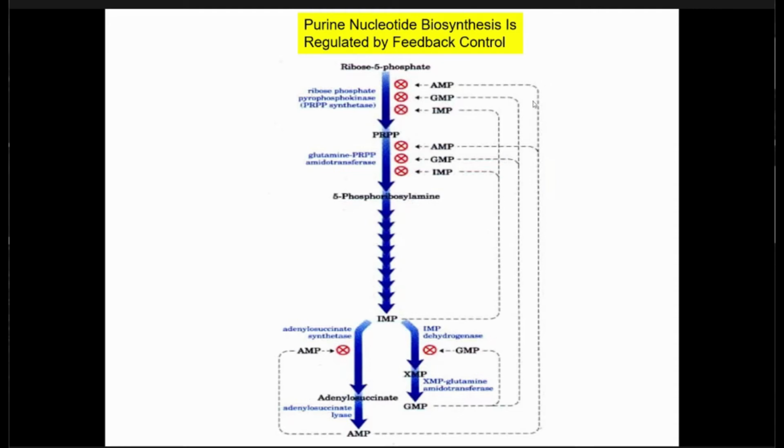So we said they start with ribose 5 phosphate. We said we make the PRPP. This is the first reaction I mentioned at the beginning for you.